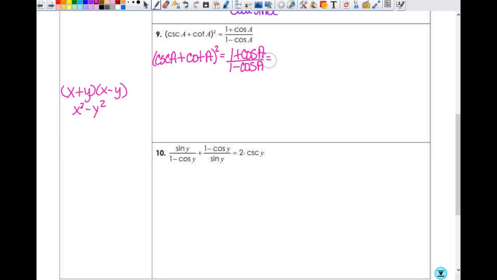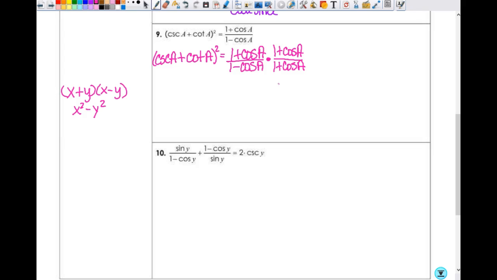And so I'm going to multiply that times a fraction. I want the denominator to end up being a difference of squares, so I'm going to use 1 plus cosine A, which means the numerator has to be 1 plus cosine A, because now that fraction has a value of 1, and when I multiply them I'm going to get the difference of squares in the denominator. It doesn't change the value, just the way it looks. We all good so far?